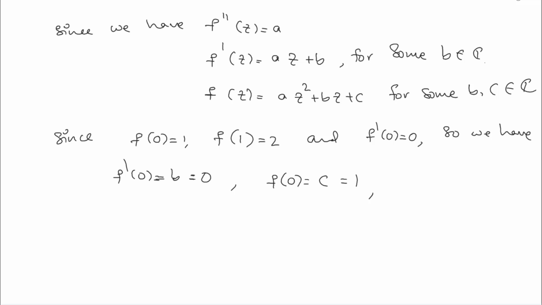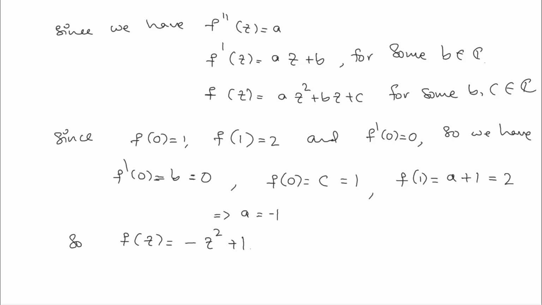So now for the value of a, we substitute f of 1 equal to 2. F of 1 is nothing but, since we have already got the values of b and c, I can substitute them as they are. So we get a plus c, that is a plus 1, equal to, by the given condition, 2.